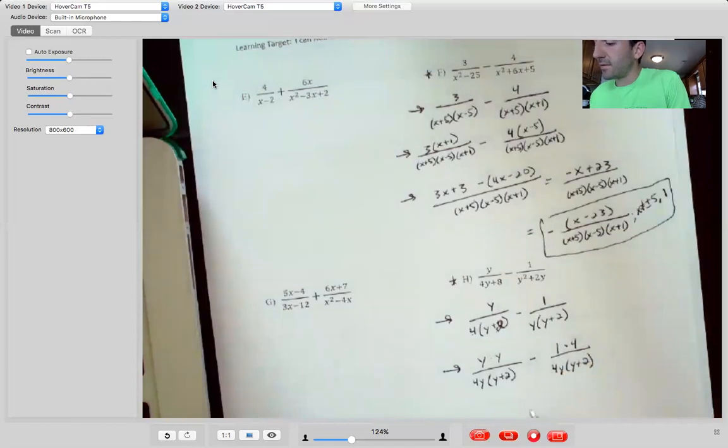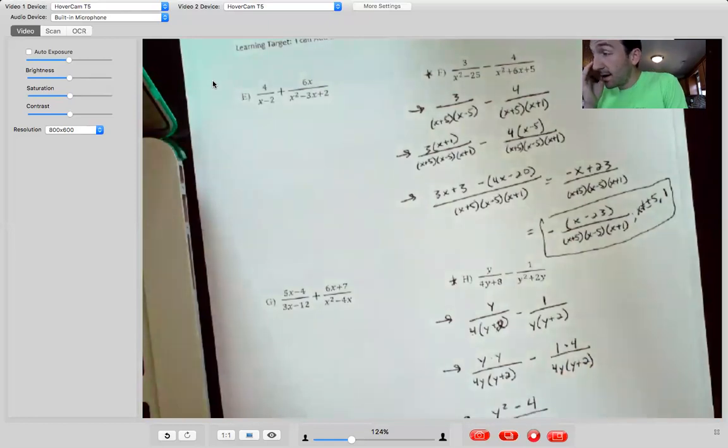And so as we start to simplify, that gives me y squared minus 1 times 4 is just 4 over 4y times the quantity y plus 2, or 4y squared plus 8y.